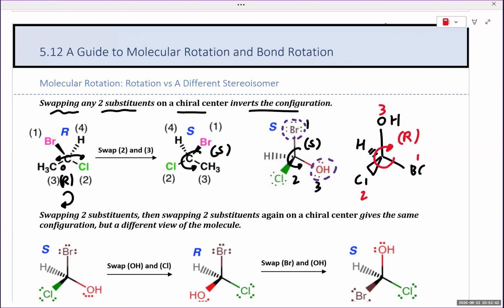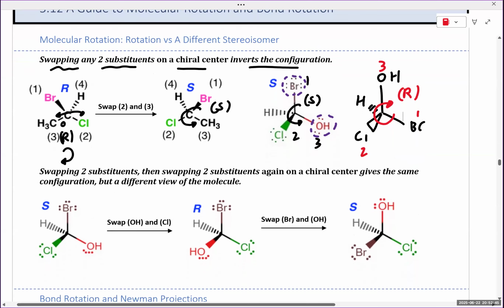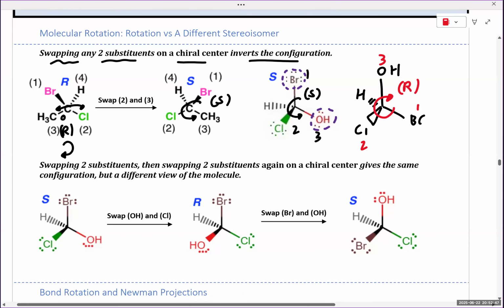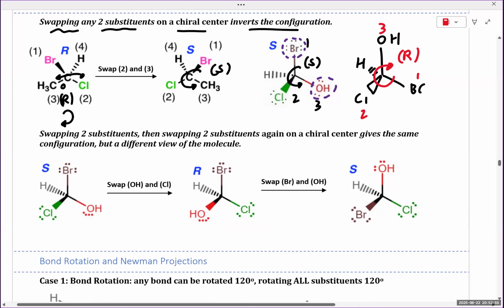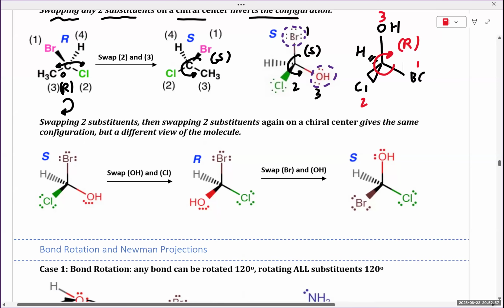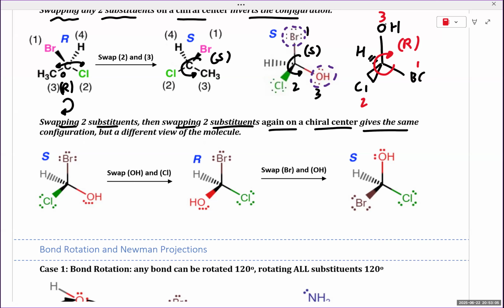Now, obviously, if I were to take the same substituents and swap them back once again, I would get back my original molecule with the original configuration. As an extension of that idea, swapping two substituents, then swapping two substituents again on a chiral center gives the same configuration, but a different view of the molecule. So for example, if we start with an S configuration and I swap my chlorine and oxygen, we now have an R configuration.